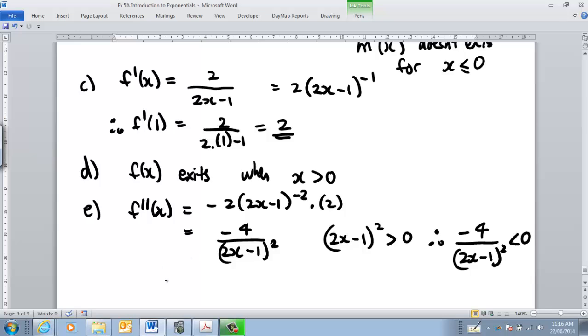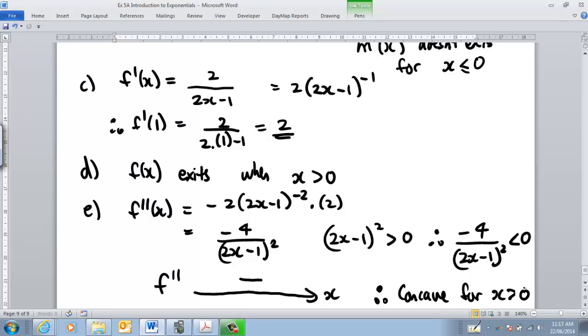So if I do my sign diagram for my second derivative, for all values of x, then we know that's always going to be negative. Now what we know about that is when the second derivative is negative, it means it's going to be concave. So therefore, concave for x greater than 0. Remember, x can't be less than 0, so it's going to be concave.